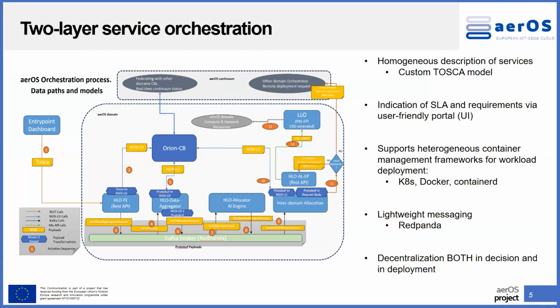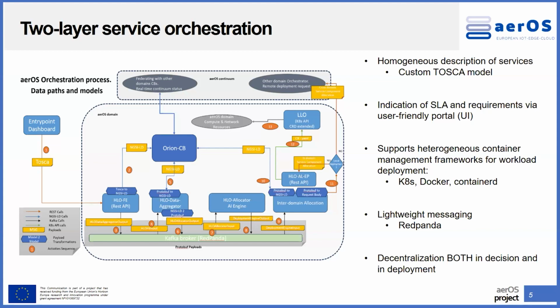This includes the constraints of the service, the specific requirements, the service level agreements, and everything. This is received by the exposed endpoint. We have the OpenAPI specification, and we have exposed some services.